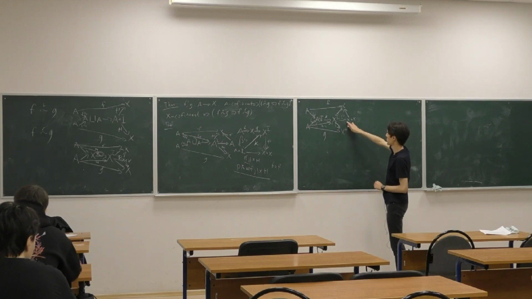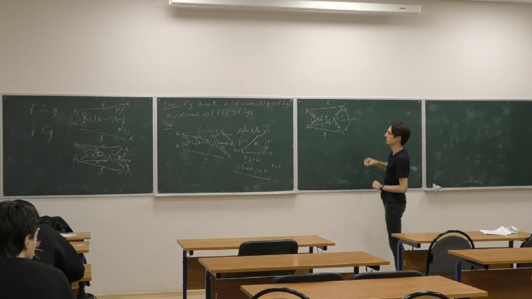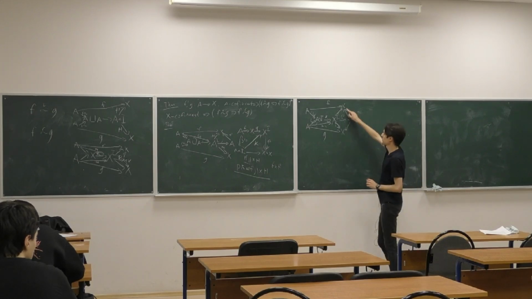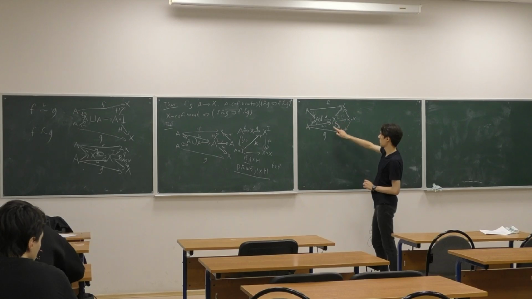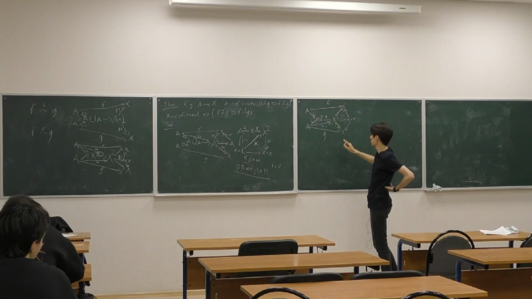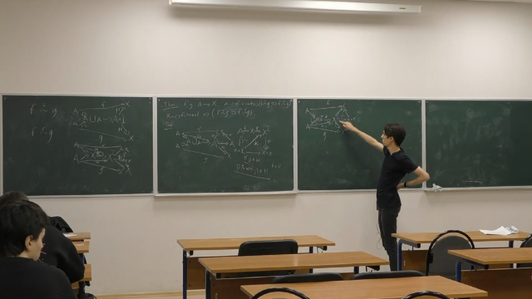Because there is a map from to the. We have a map. These two maps are just compositions. Okay, these two maps are just compositions, yes, and Ka1 is. Okay, let's see what is the composition of Ka1.